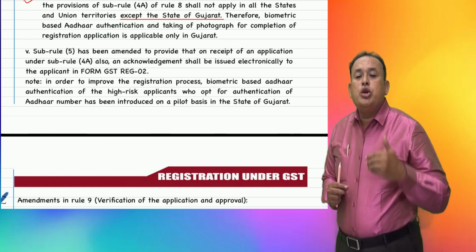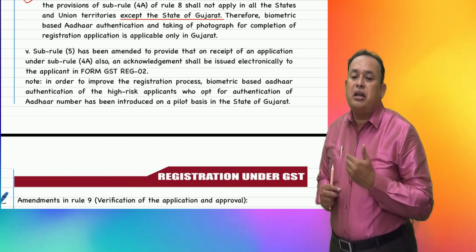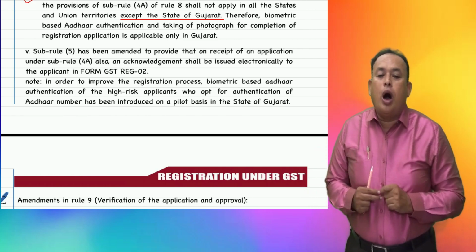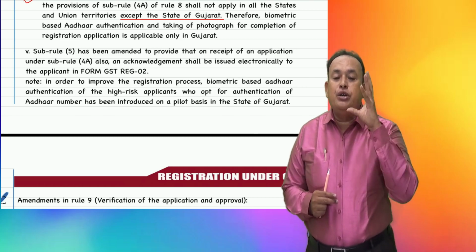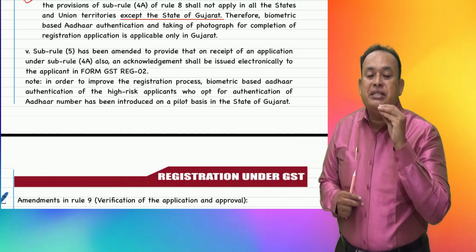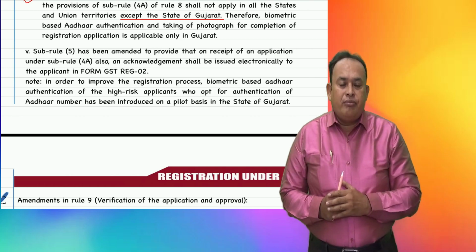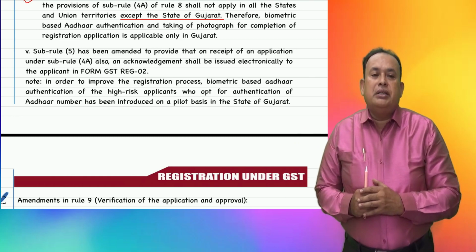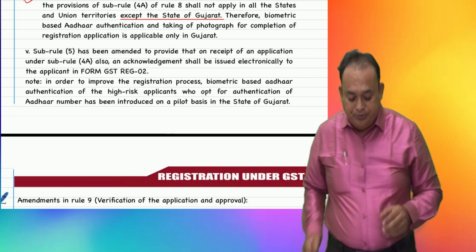In order to improve the registration process, biometric-based Aadhaar authentication of high-risk applicants who opt for authentication of Aadhaar number has been introduced on a pilot basis in the state of Gujarat. This is an amended provision one can expect in the examination.